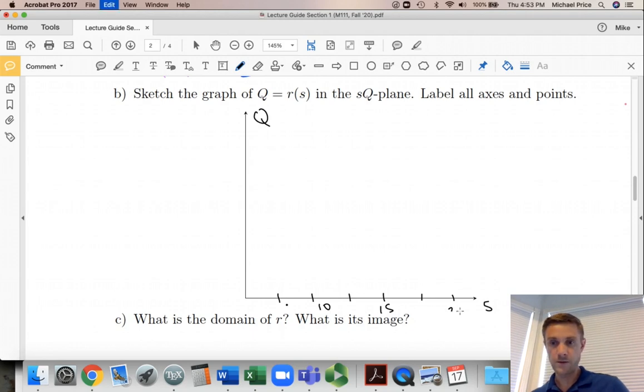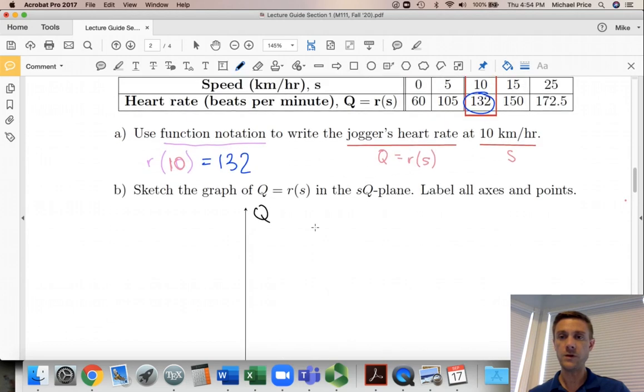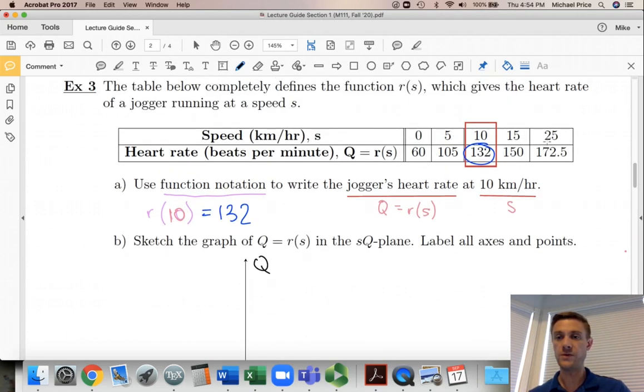Uh-oh. This is why it's good to have undo. I was going in 10s, and then all of a sudden I decided I wasn't going in 10s anymore. So 10, 20, 30. Of course, we don't actually have to get to 30. We don't have a value that large. But that should account for all of our inputs on that axis. And then these values go up to about 172.